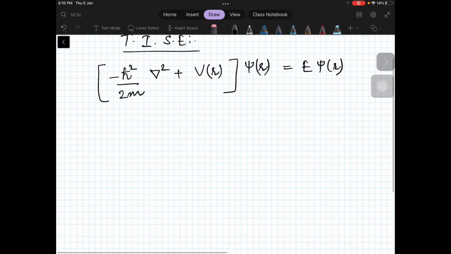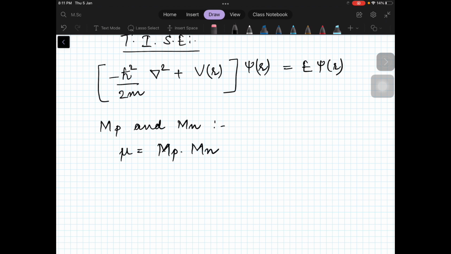Now we introduce the concept of reduced mass. Let us term the masses of the proton and the neutron to be m_p and m_n. So the reduced mass of the system becomes m_p times m_n over m_p plus m_n.